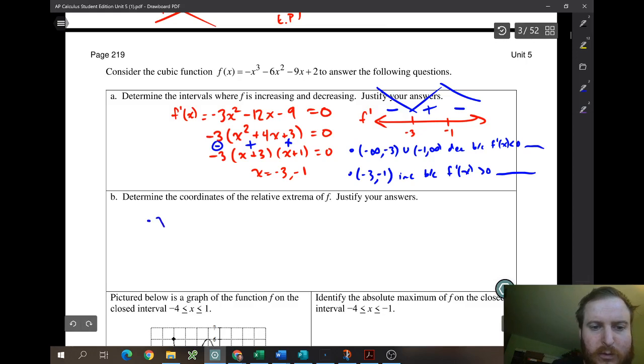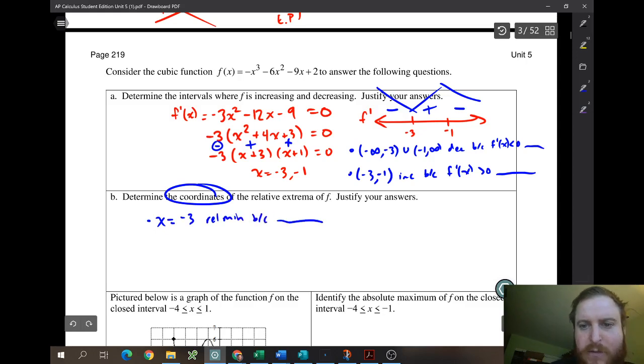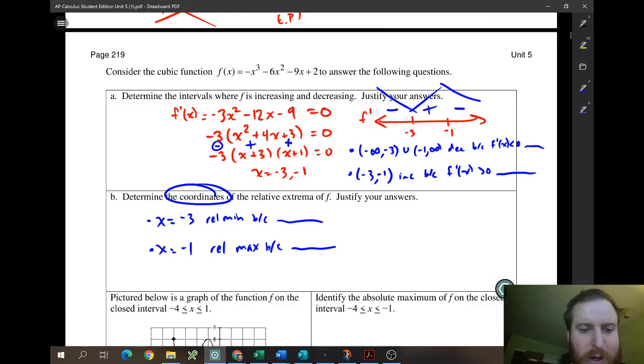If it says coordinates, not just the x values, but the full coordinates, then x equals negative 3 is our relative minimum, because f prime of x changes from negative to positive, and x equals negative 1 is our relative maximum, because f prime of x changes from positive to negative. I'll let you write that, but we've done it so many times.